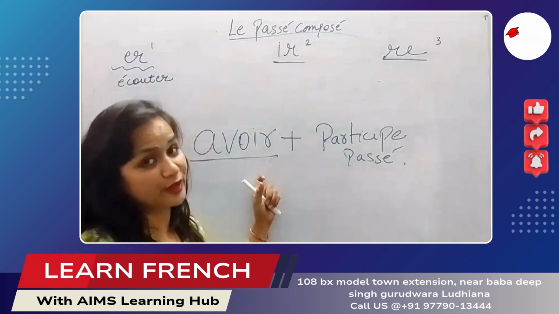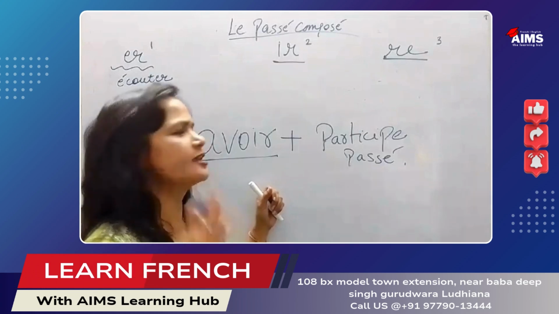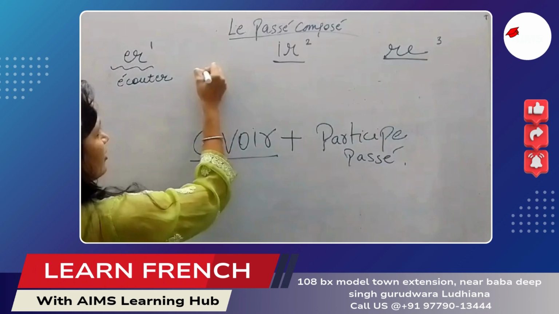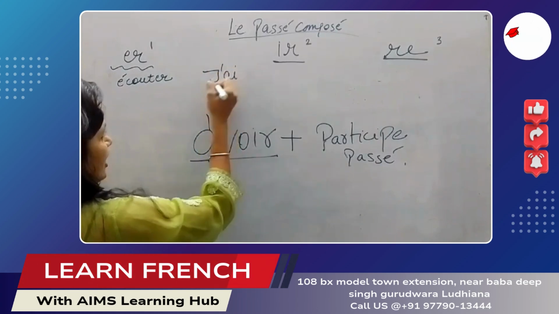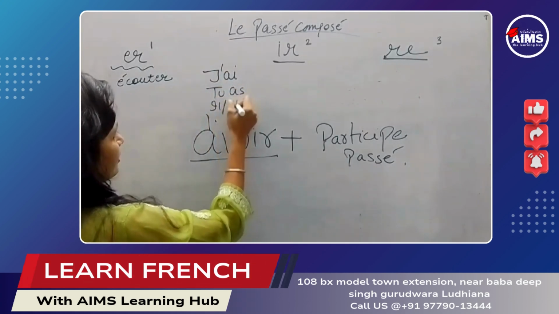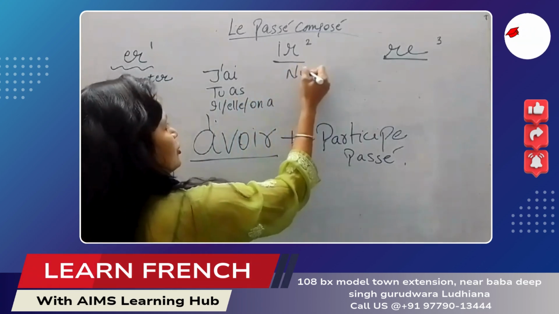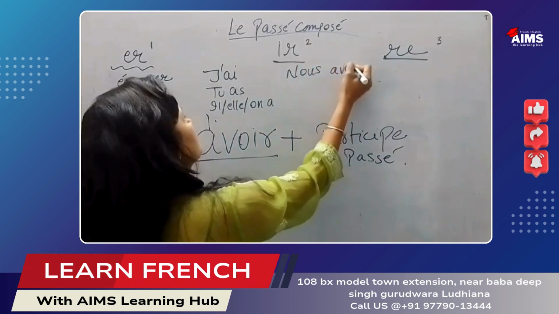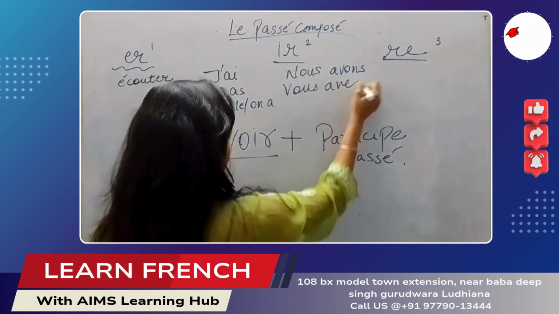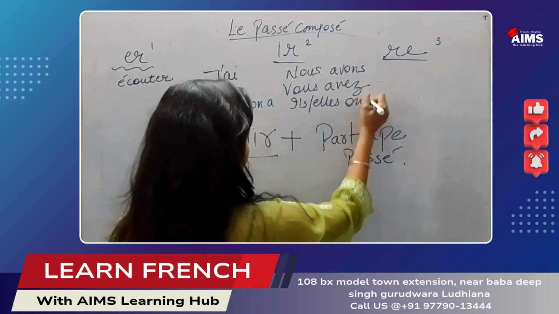Let's discuss what is avoir. So, being French students, you must be knowing avoir conjugation, right? Let's recall quickly. Conjugation of avoir. J'ai, tu as, il, elle, on a, nous avons, vous avez, ils, elles ont.